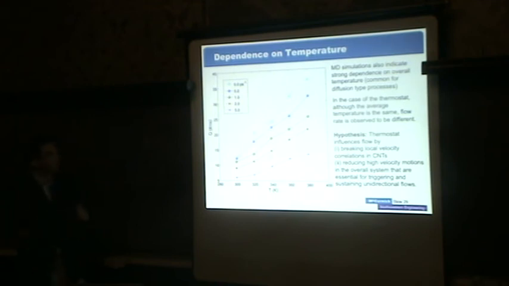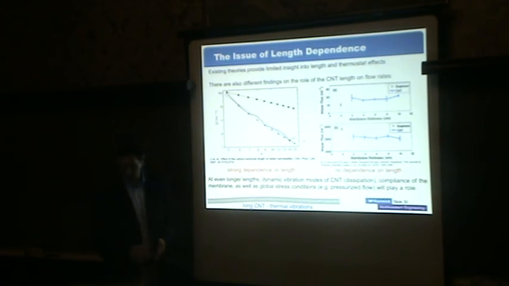So this, we think, is probably how the mechanism plays a role, and how a thermostat can change that mechanism to some extent. So just an interesting concept. And even the issue of length dependence is not actually that clear for these nanoscale flows. This is a fairly complicated problem.